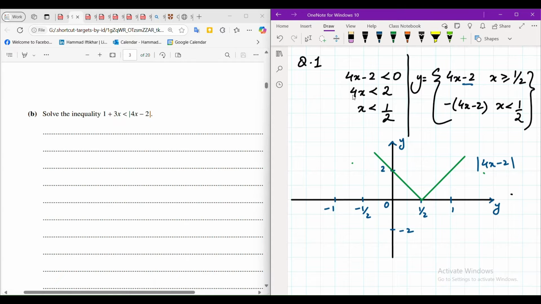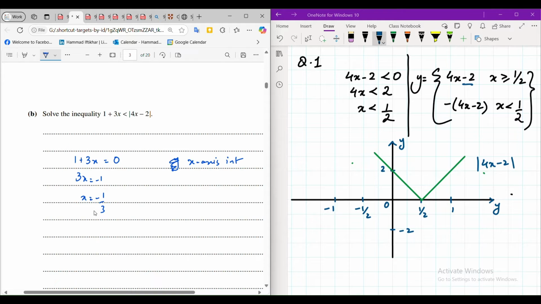So let's take y is equal to 0 for 1 plus 3x. When 1 plus 3x is equal to 0, we need to figure out what the x-axis intercept is. So 3x is equal to minus 1, and x would be minus 1 over 3. That's somewhere in between, between 0.25 and 0.5.